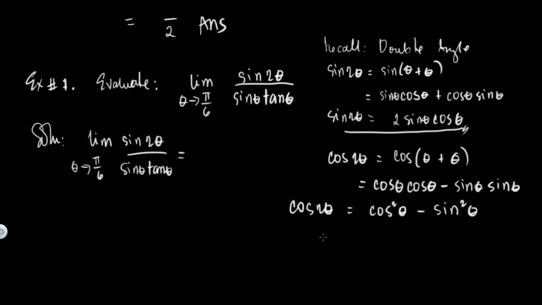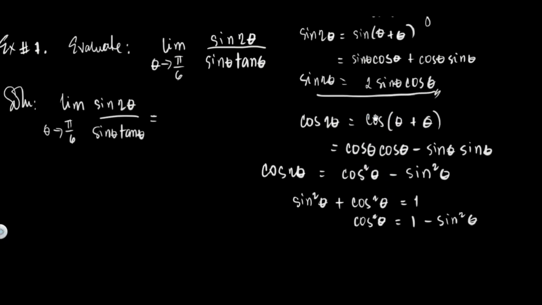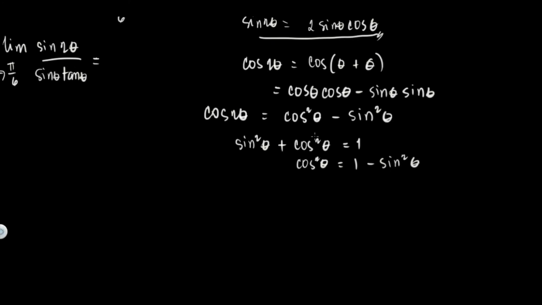Pero tuloy natin, no? Recall again that the sine square theta plus cosine square theta is equal to 1. Then you will solve here for cosine square theta. Cosine square theta is equal to, transpose sine square theta to the other side, 1 minus sine square theta. Okay? Then, you substitute it here.